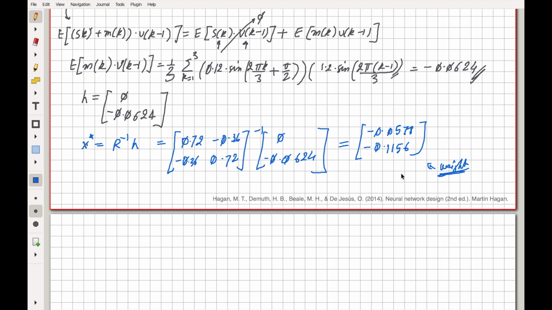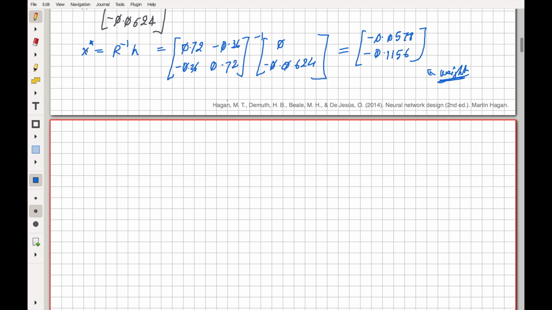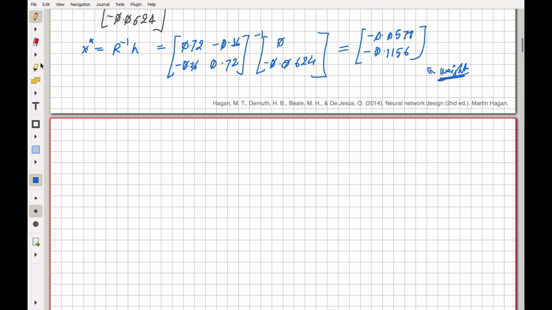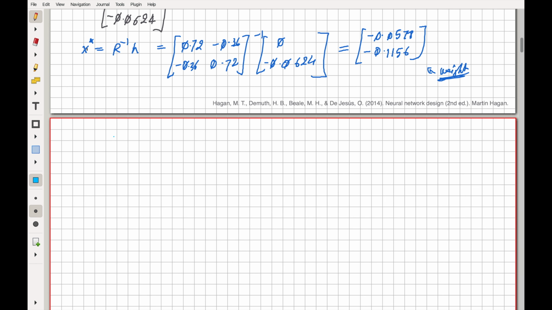What we do next is go back to the Taylor series and see what we get using that series. So let's go down here and write out the Taylor approximation. We know f of x is equal to c minus 2 x transpose h plus x transpose r x.